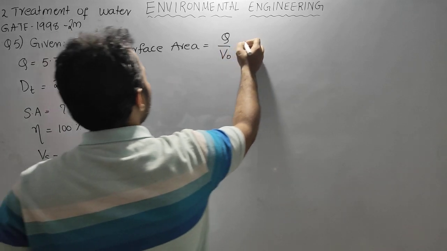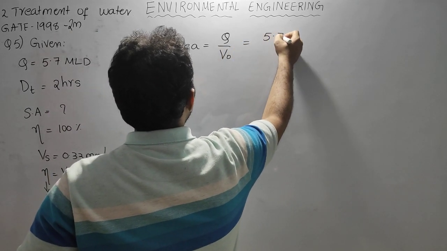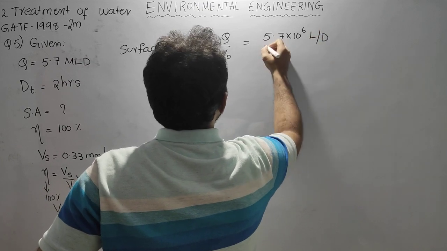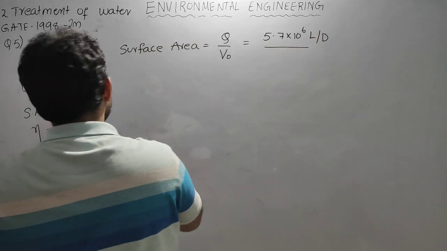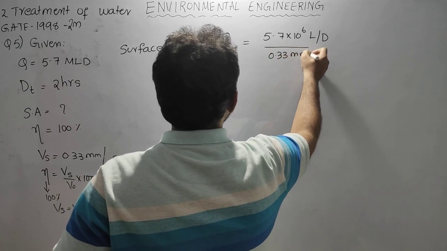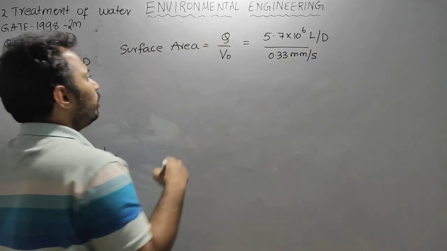Q by V naught, where Q is equal to 5.7 into 10 to the power of 6 liter per day, and V naught is given as 0.33 mm per second. So we need to bring uniform units.